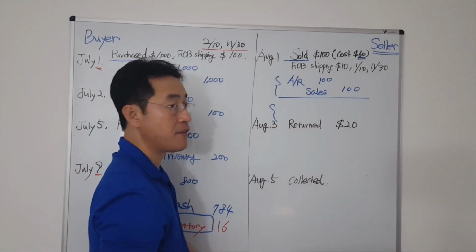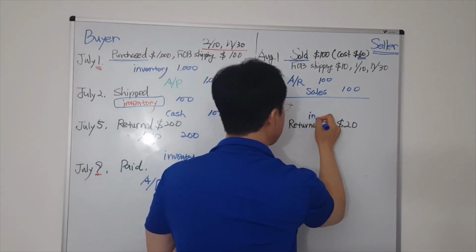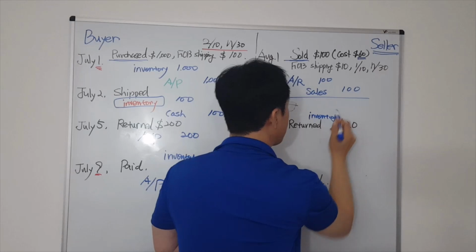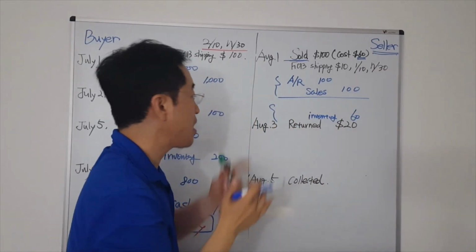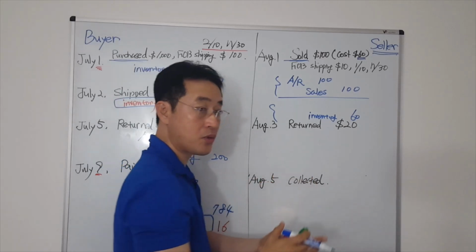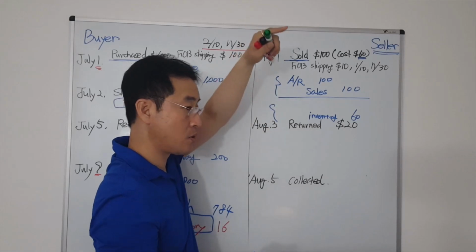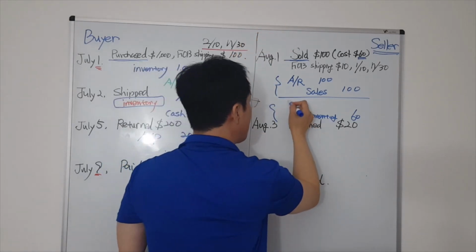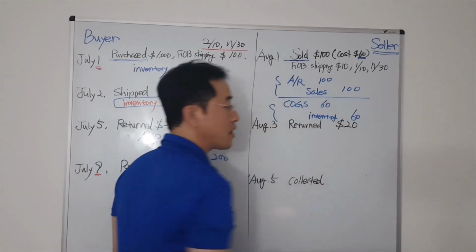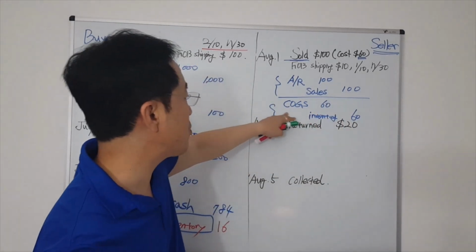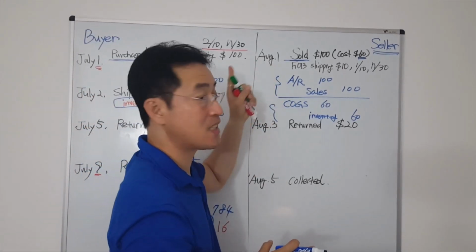Inventory, current asset, decrease, credit. How much? $60. Now it's time to record cost of goods sold. That's product expense, product cost. Cost of goods sold, $60. That's how we update the level of inventory and cost of goods sold in real time using the perpetual inventory system from the seller's point of view.